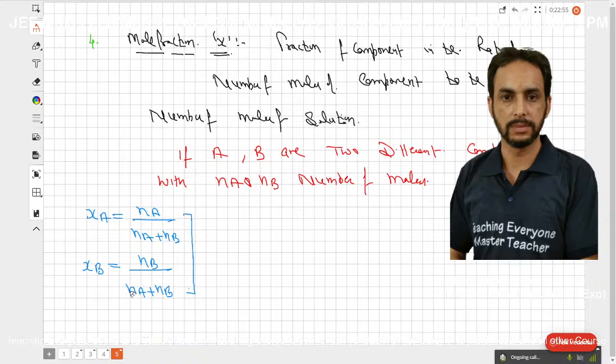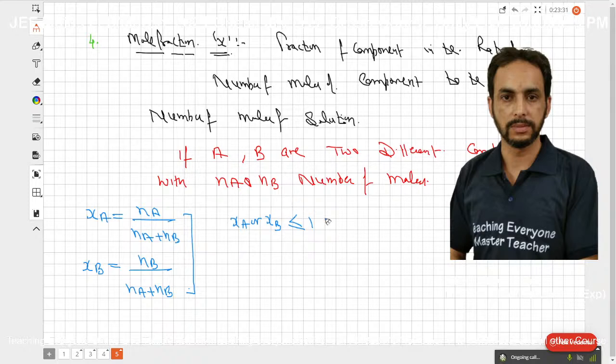Also remember, mole fraction Xa or Xb is always less than or equal to 1.